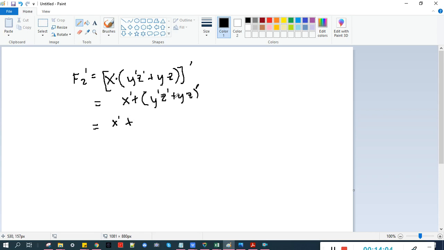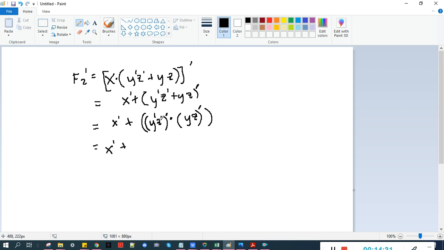We start with the operation. Instead of OR, we use AND. And then we complement this expression: y prime z prime, complement, and then yz, complement.